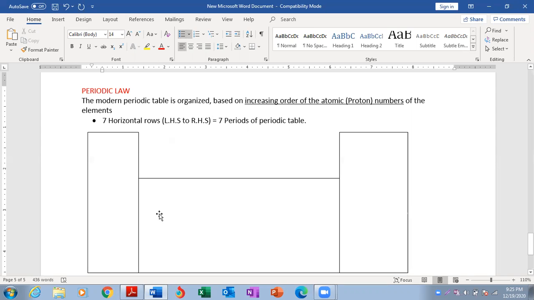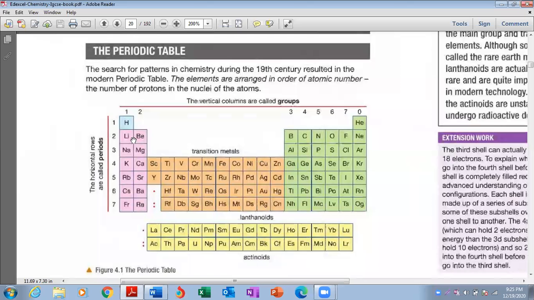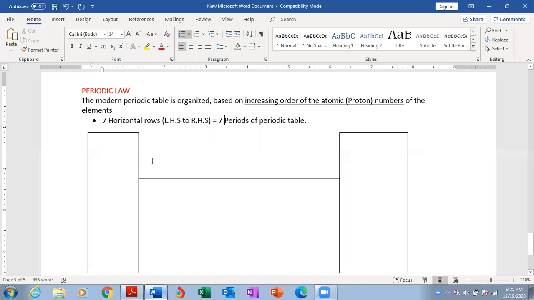Now I'm moving towards this periodic table. This is period number 1, this is period number 2, this is period number 3. So I'm moving from period number 1 to period number 3 in this periodic table.